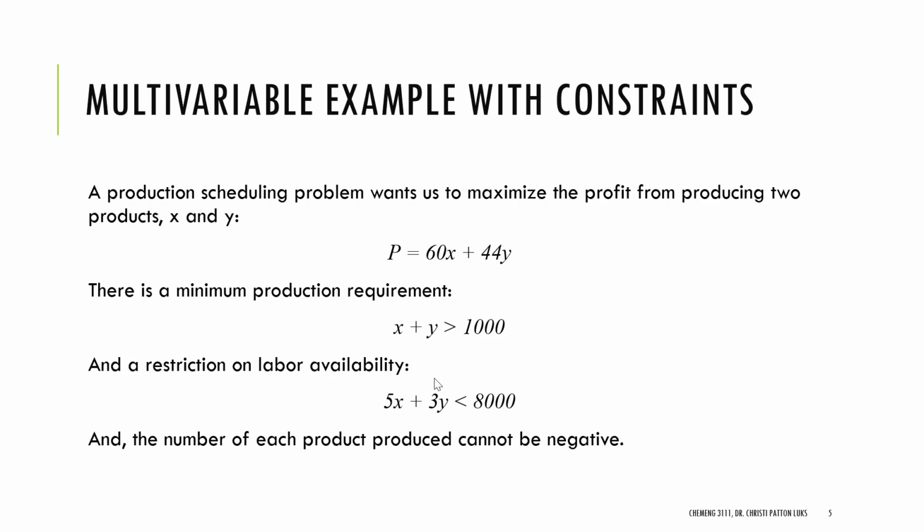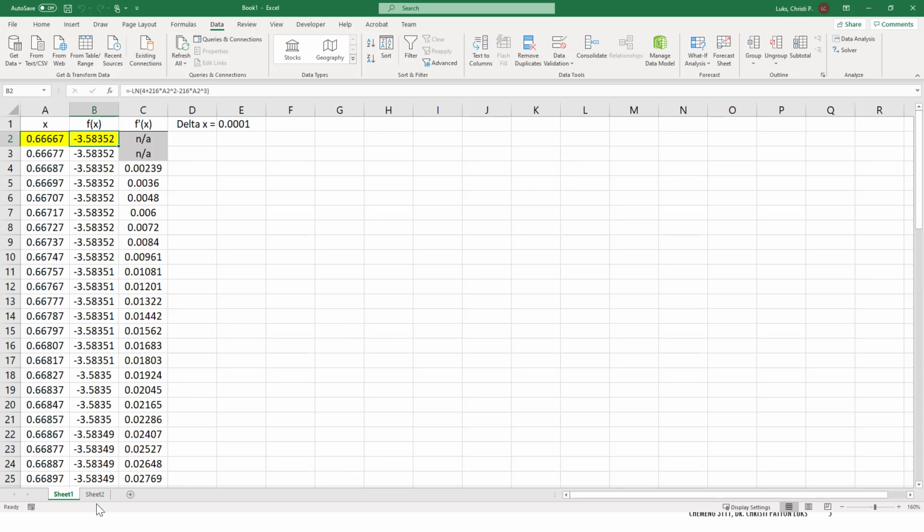And so 5 times X plus 3 times Y is going to be the number of, say, hours available during the year for my team to manufacture these. So 5x plus 3y needs to be less than 8,000, and I obviously can't make a negative number of any of these. So we want to go to Excel and set this one up.